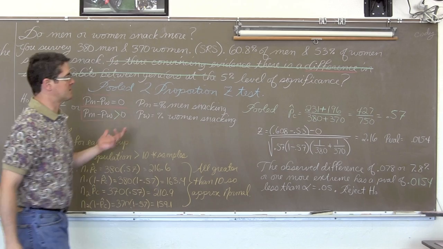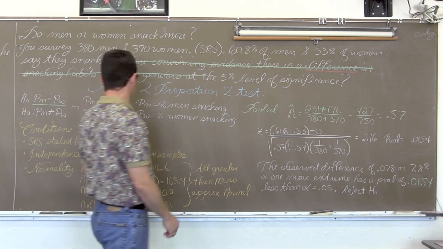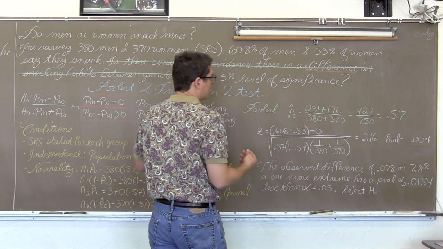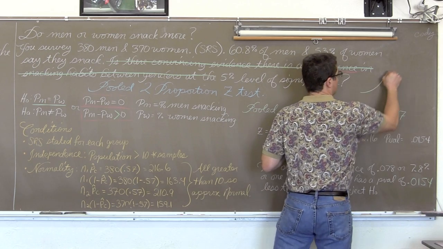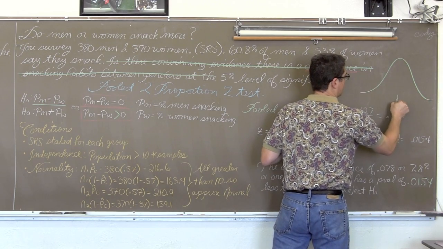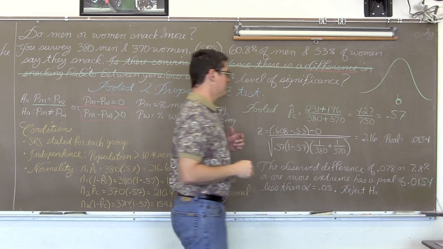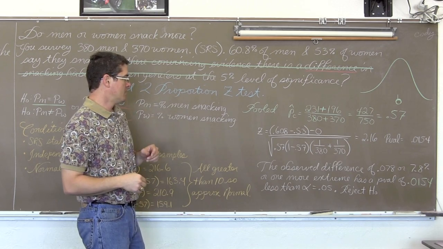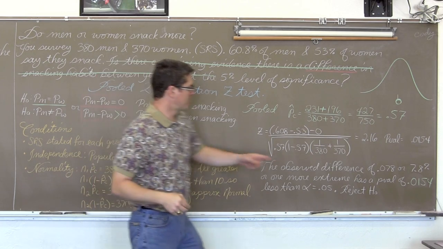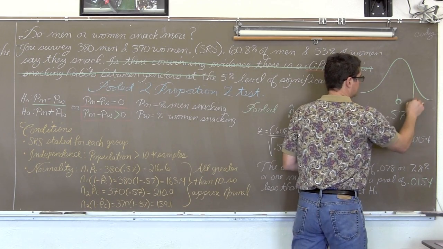And just because I didn't do a bell curve drawing for the last problem, let's do one here. I'm running out of room. We got a bell curve centered around 0. We observed a difference of 0.078.